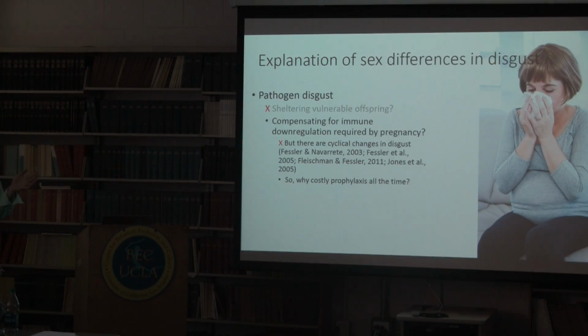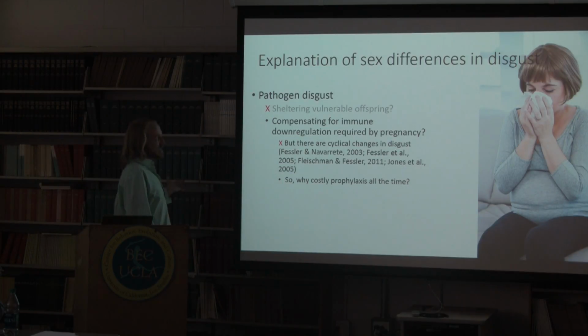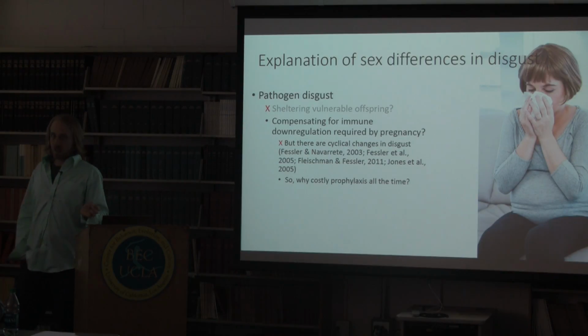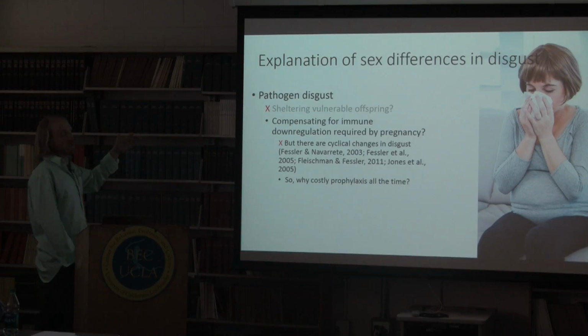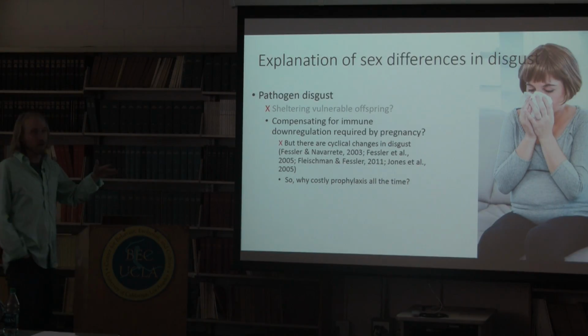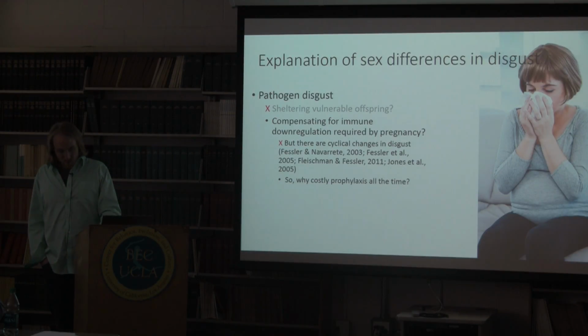My immune system can't handle pathogens right now, so be extra careful. The problem with this hypothesis is that we've got evidence that there are cyclical changes across the menstrual cycle in disgust levels. So if the system can adjust over a few weeks, why can't it adjust for the critical moments of pregnancy? Why are we getting this overall level of costly prophylaxis all the time? Or what appears to be all the time, what is likely all the time? Why are women consistently more disgust prone than men?